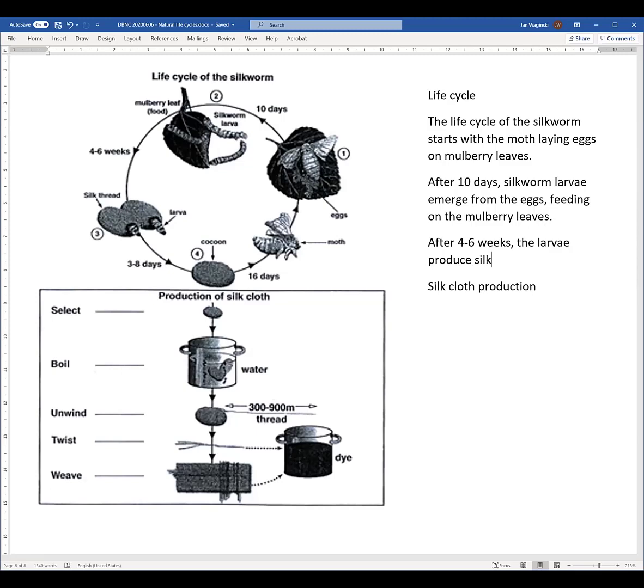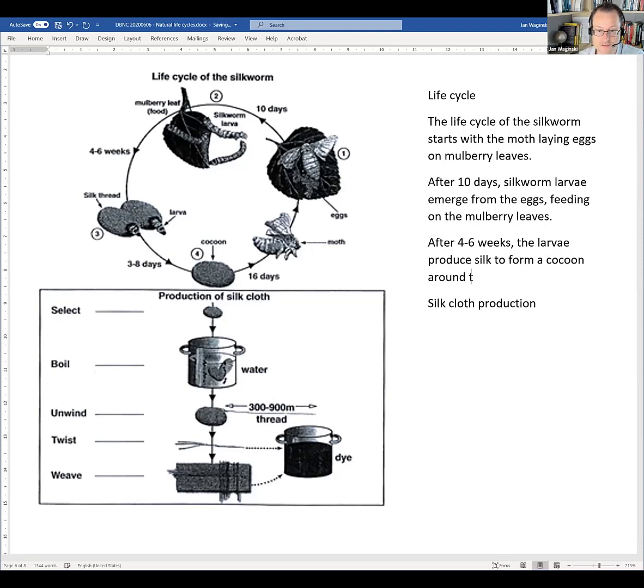Cover themselves with silk thread. Produce silk to form a cocoon. To surround themselves in a cocoon. To form a cocoon around themselves.